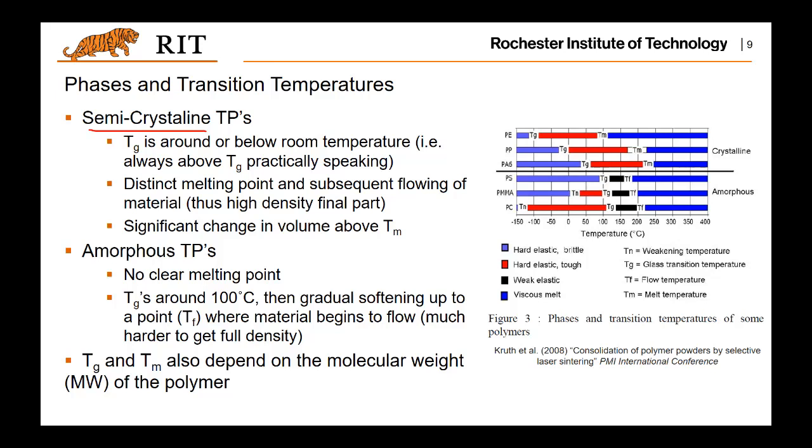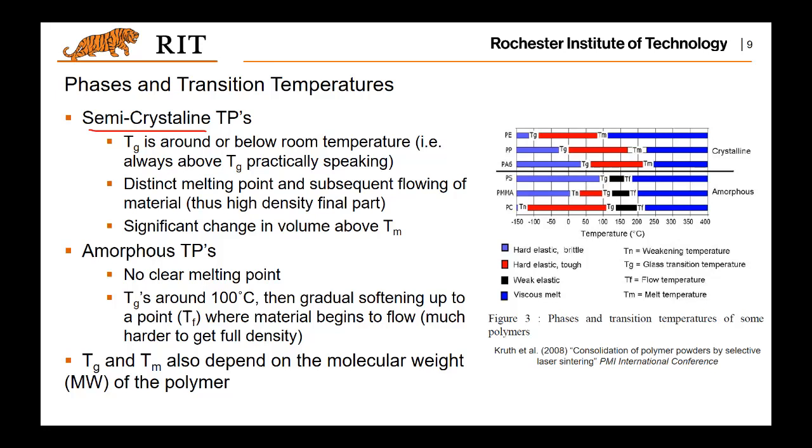The glass transition temperature and melting temperature really depend on the molecular weight of the polymer. So if you look at the molecular weight of the polymer, you can probably at least have some sense of the glass transition temperature and the melting temperature.